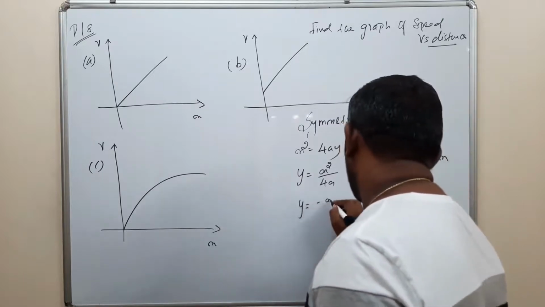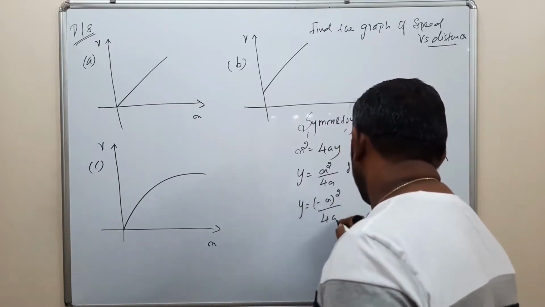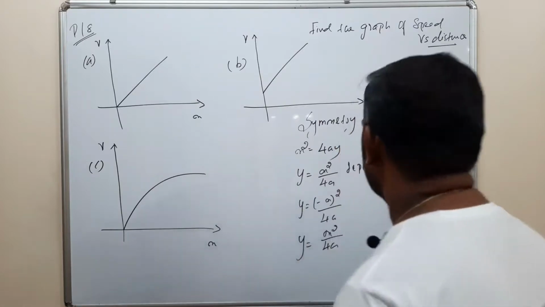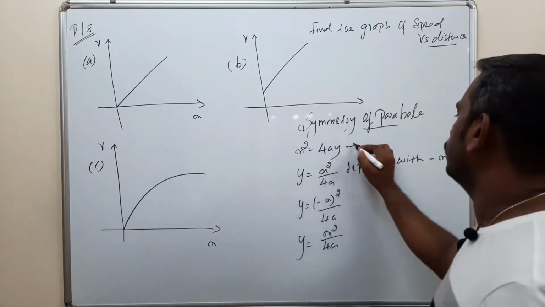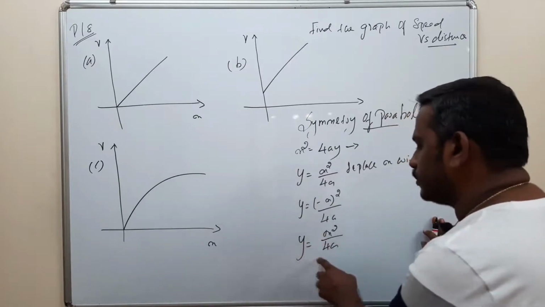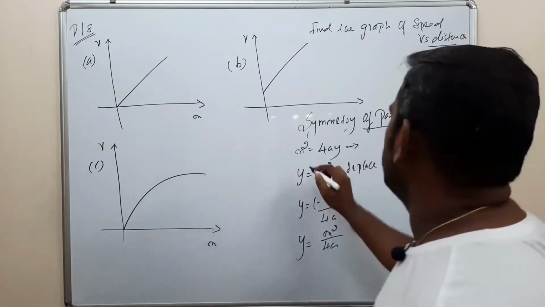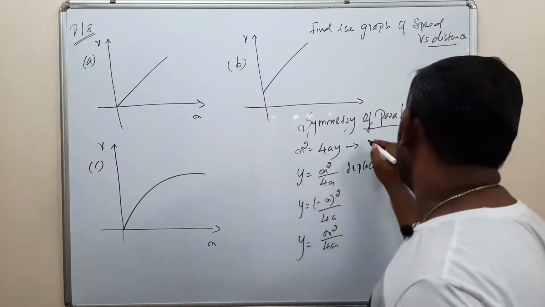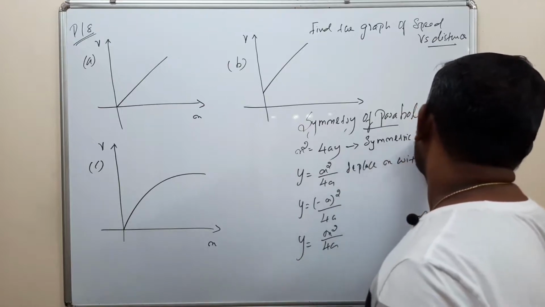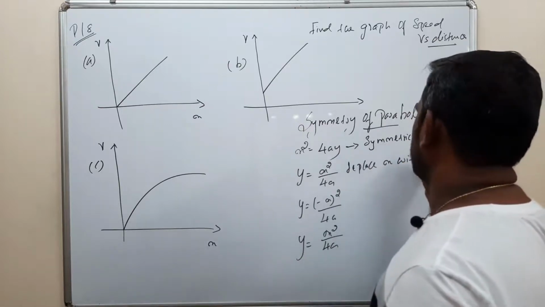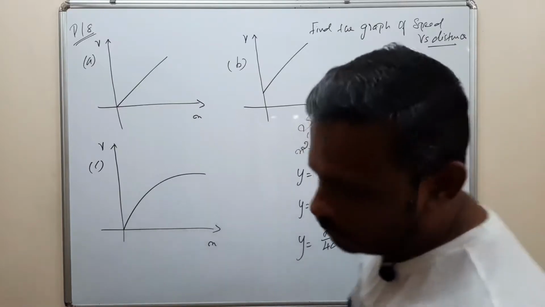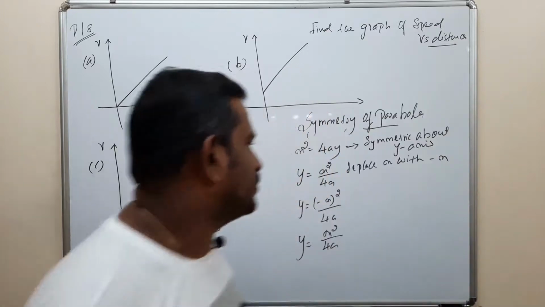So y is equal to minus x square divided by 4a, so y is equal to x square by 4a. Even though we are replacing x with minus x, we are getting the same equation. So this parabola x square is equal to 4ay is symmetric about the y-axis.